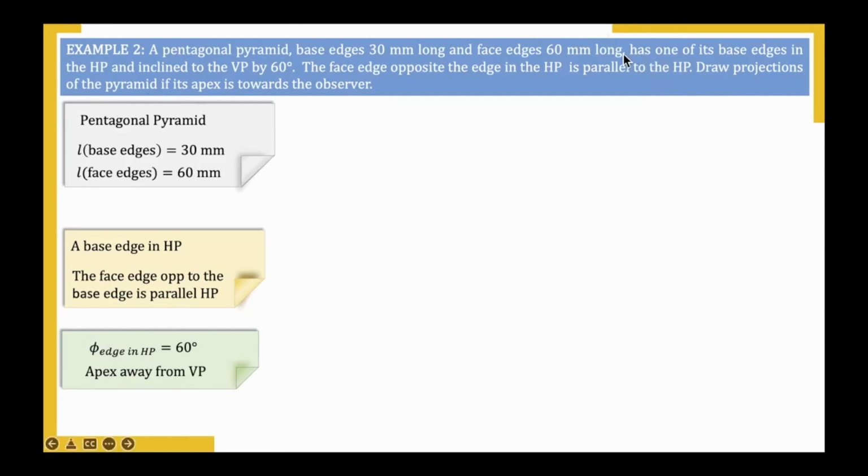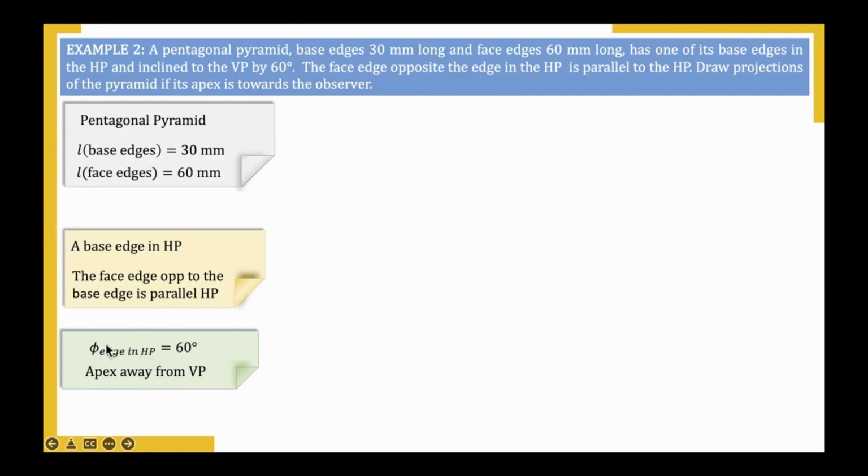Here it is clearly mentioned this pyramid has one of its base edges in the HP. So one base edge in HP, and the same edge is inclined to VP by 60 degrees. So remember the edge is inclined to VP by 60 degrees, not its top view or front view inclined.